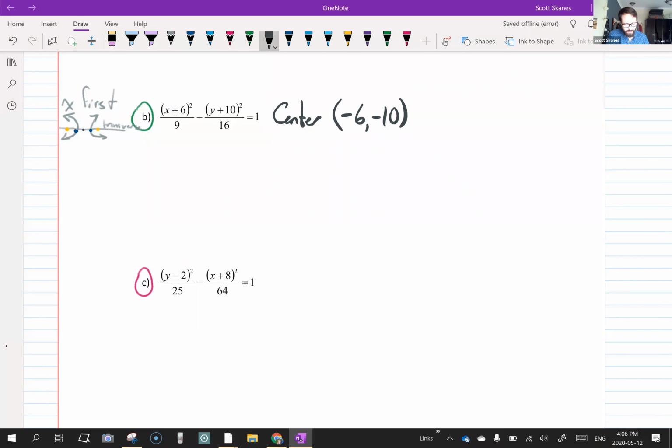Let's now write out our A, B, and C. A squared. Now, okay, this is our first difference here. What is our A squared? Let's see who's been paying attention. 9. My man, 9.